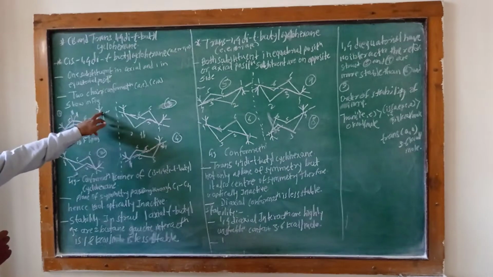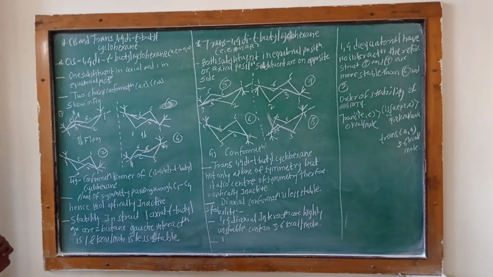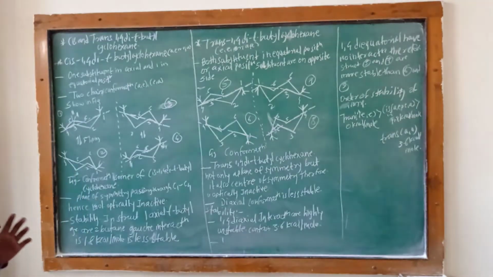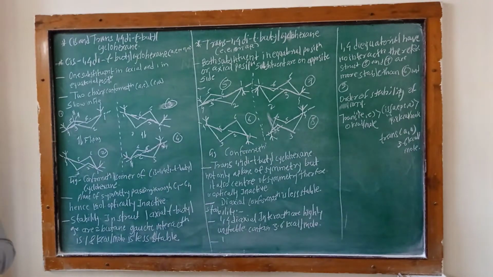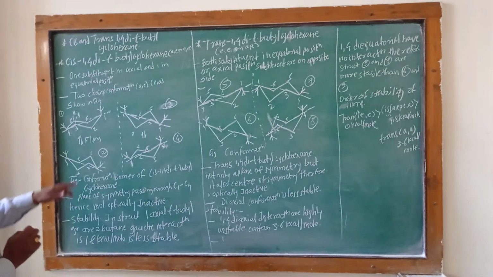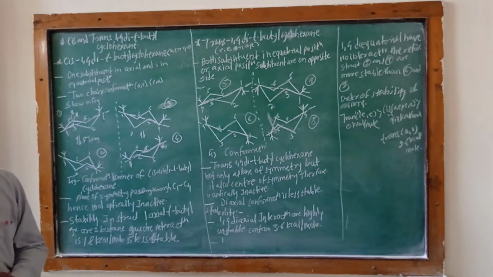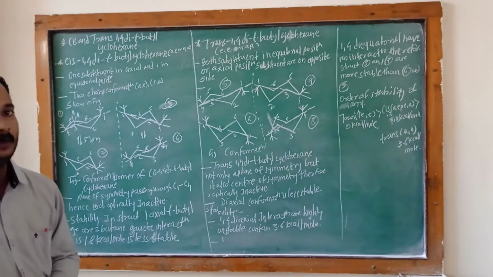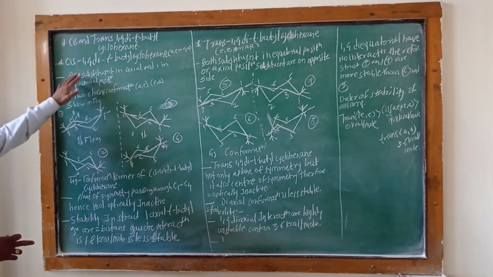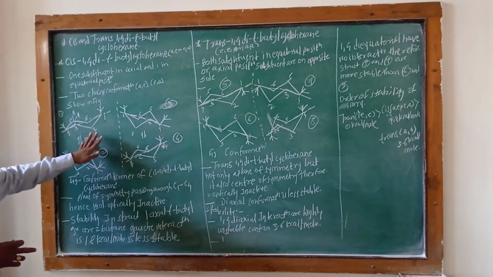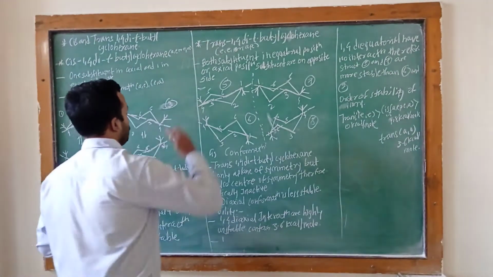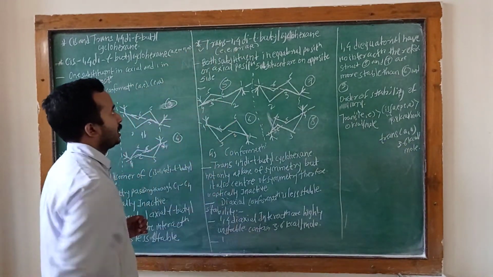Regarding optical activity, the plane of symmetry passes through C1 and C4, therefore it is optically inactive. For stability, this structure has one axial group, which shows two butane gauche interactions, therefore it is less stable, and its energy contribution is 1.8 kilocalorie per mole.